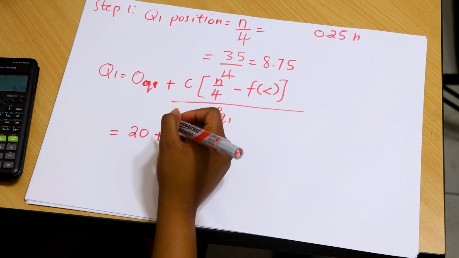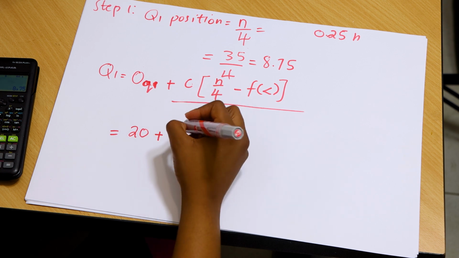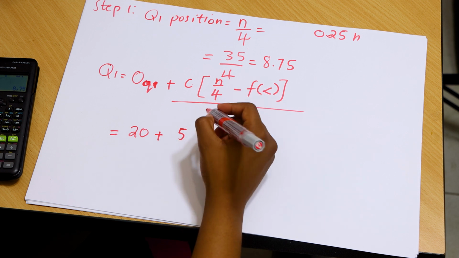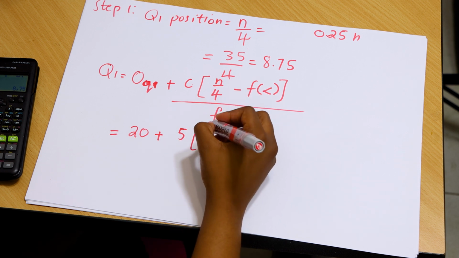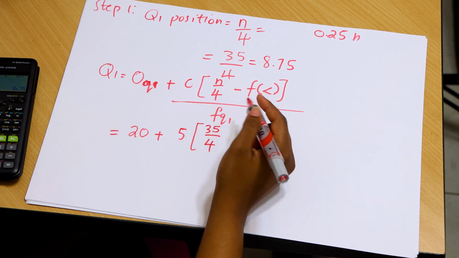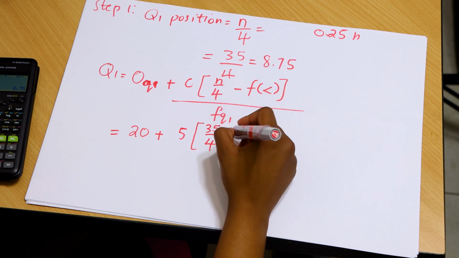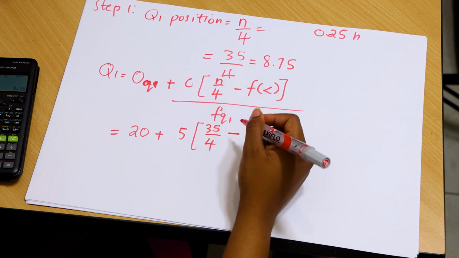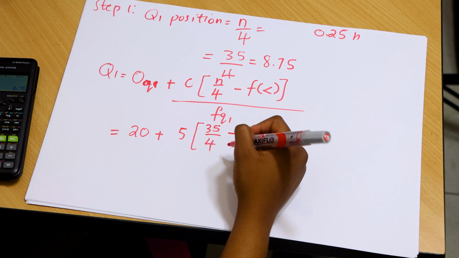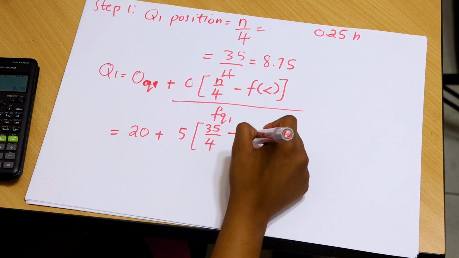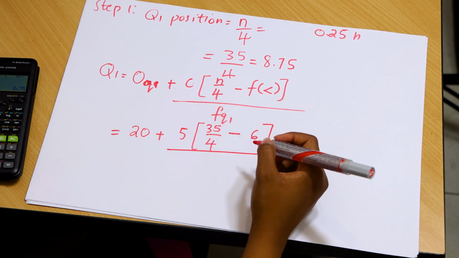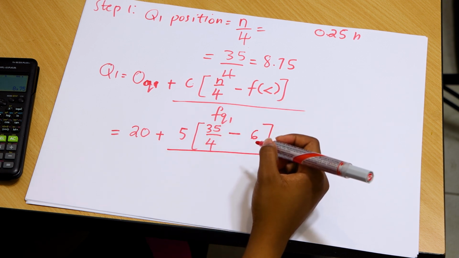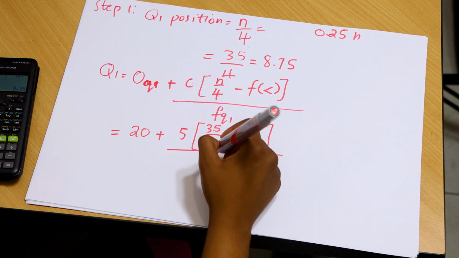C is 25 minus 20, which is 5, the upper limit minus the lower limit. Then n over 4 is 35 over 4; if you want, you can substitute 8.75 and get the same answer. Minus the cumulative frequency of the interval before that one, which is 6, divided by the frequency of that interval, which is 4.